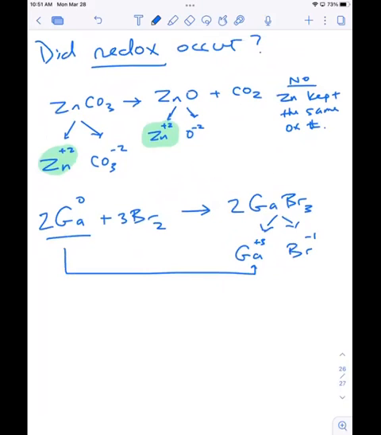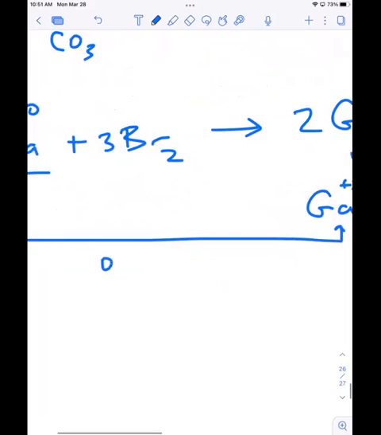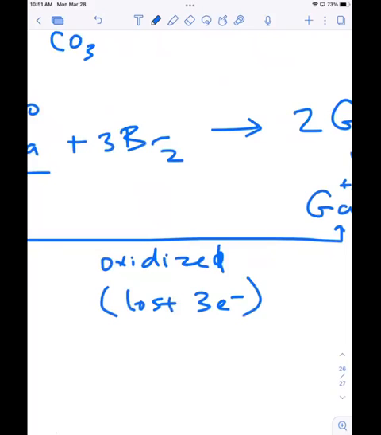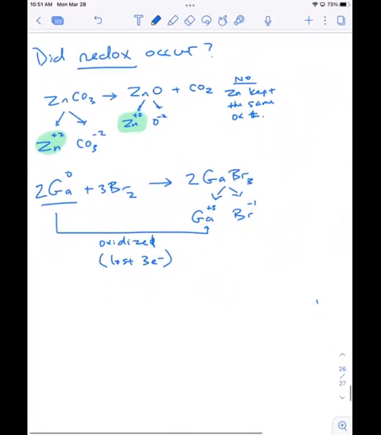Is that right? Yes. So it's oxidized. How many electrons did it lose? 3. It lost 3 electrons. Good.